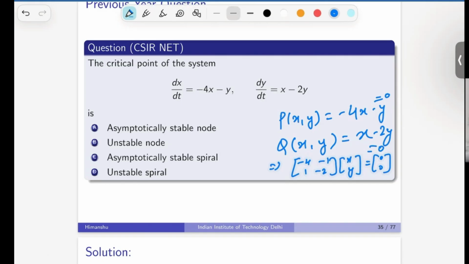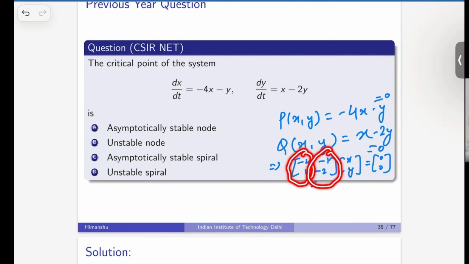See, this is my matrix, right? The column sum is -3. Again here the column sum is -3. So -3 is one eigenvalue and the trace is -6. Then my other eigenvalue will also be -3, right? So we have two eigenvalues which are -3.